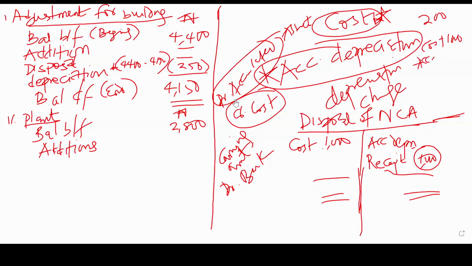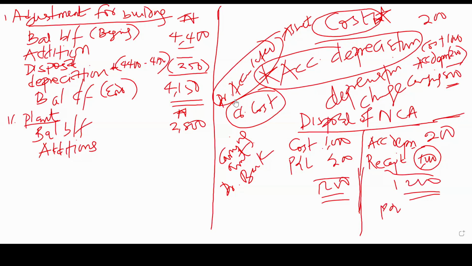Accum depreciation, carrying amount should be 800. Therefore, this is 200. Okay? Accum depreciation would have been 200. And therefore, I'm taking to P or L 200. This is what I was trying to do. So 200, my P or L, we have that 200.